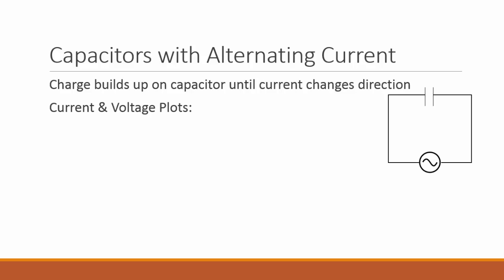Now, the reason why I want to talk about current here is because the voltage drop across the capacitor is equal to the charge on the capacitor at the moment divided by the capacitance. And this comes from the definition of capacitance, where we said that the capacitance is the charge divided by the voltage drop across the capacitor.